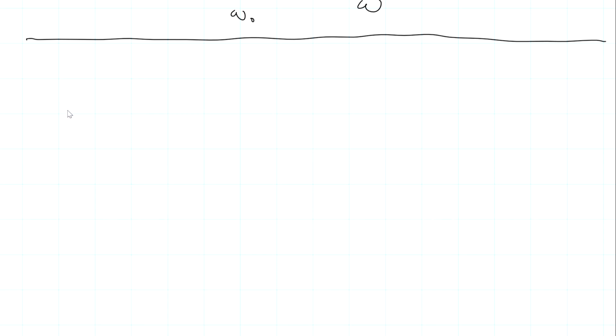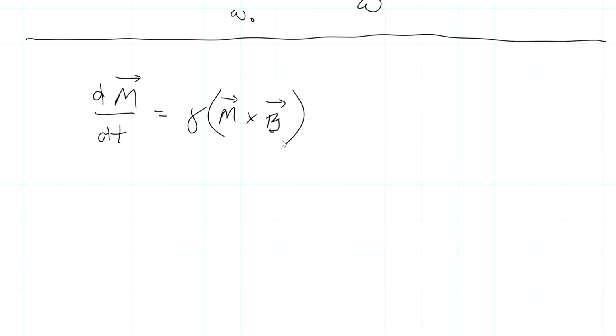Let's have the Landau-Lifshitz equation written in this form: dm/dt equals gamma m cross b. What I did is I just went back to b. Okay, let's apply.